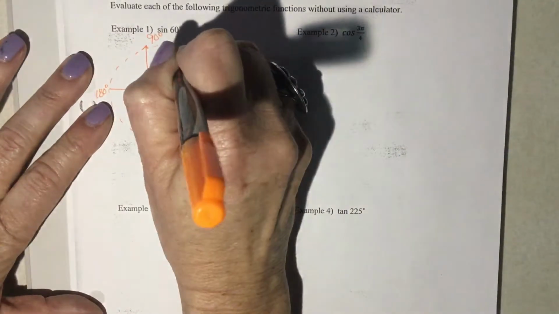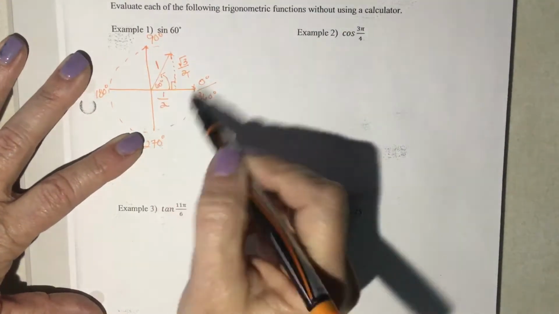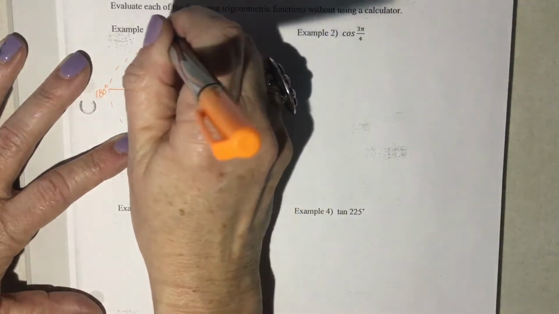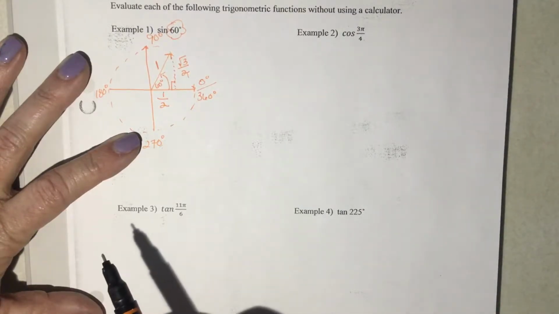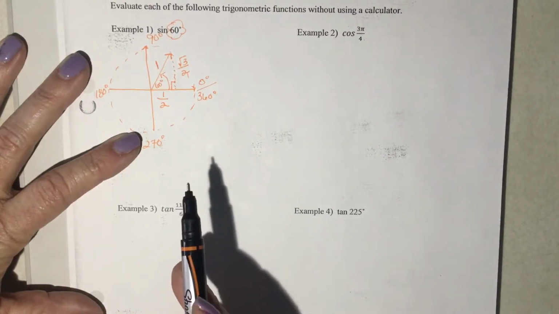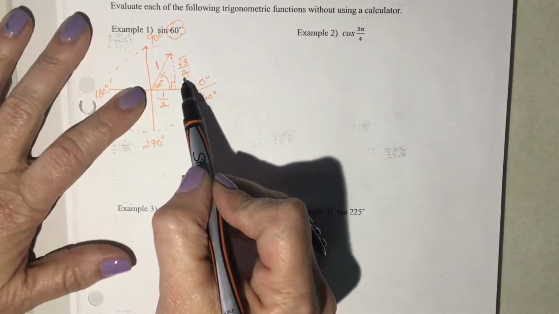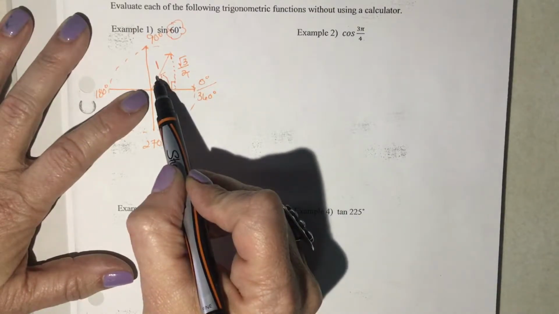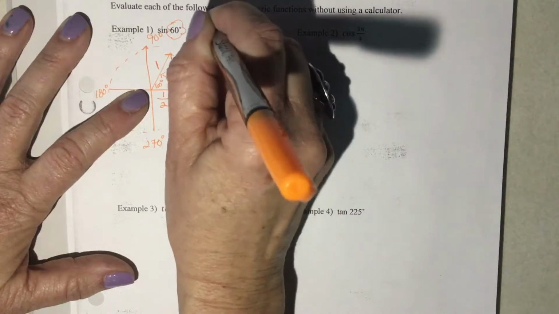So this becomes square root of 3 over 2. So I just created the side lengths on that 30, 60, 90 degree triangle. And I'm looking for sine of 60. According to SOHCAHTOA, sine is opposite over hypotenuse. So opposite is square root of 3 over 2 divided by the hypotenuse, which is 1. So my answer is just square root of 3 over 2.